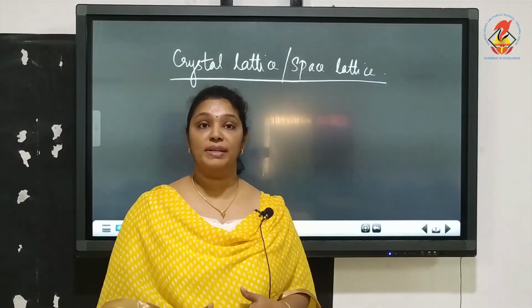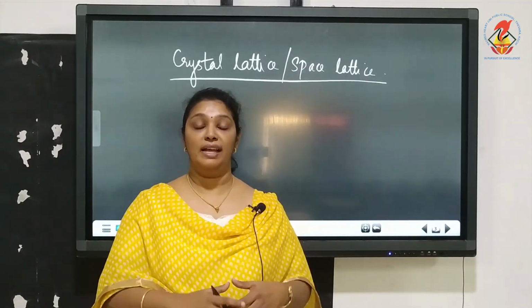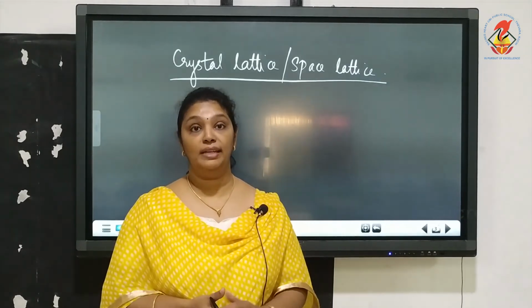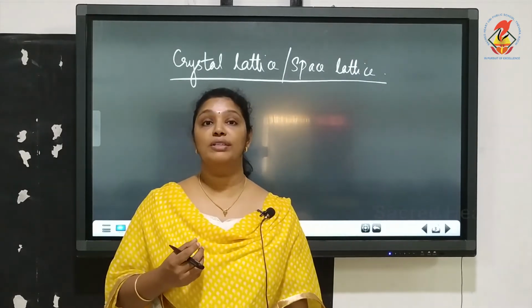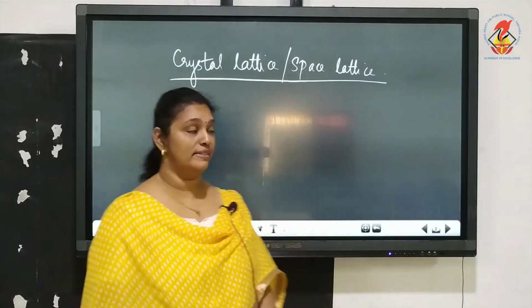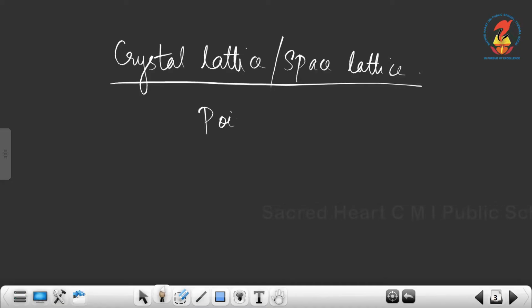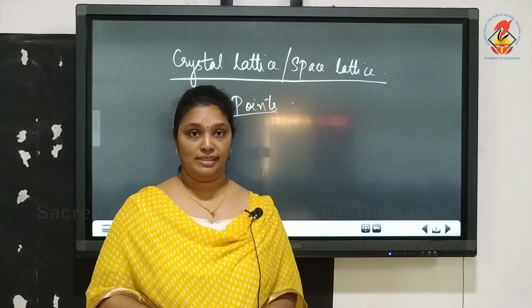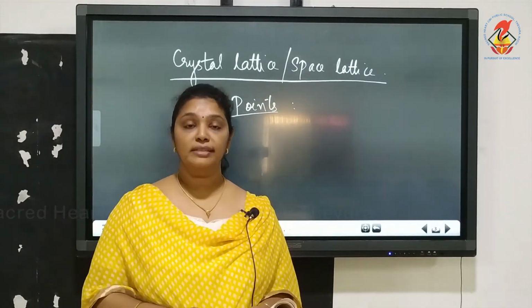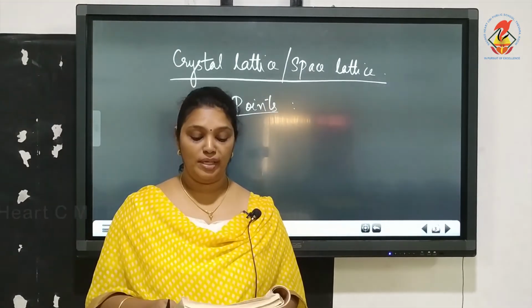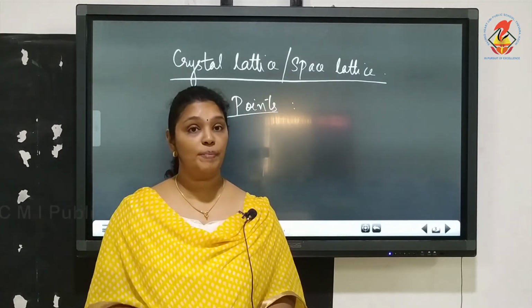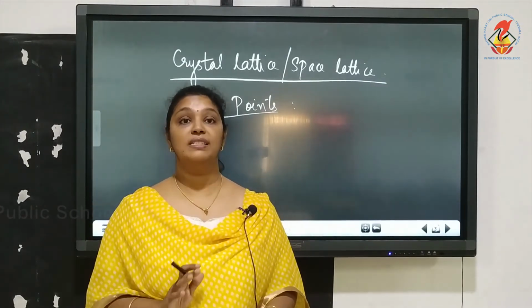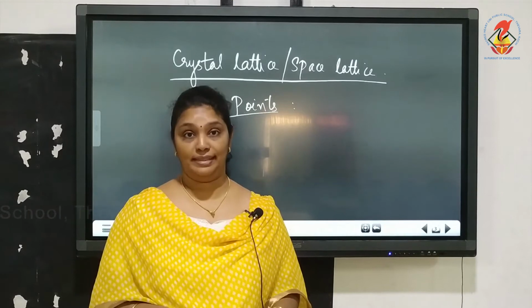Suppose we try to represent the constituent particles as a three-dimensional arrangement. We consider these constituent particles as points. And we can define a crystal lattice or space lattice as a regular three-dimensional arrangement of points in space, called a space lattice or crystal lattice.